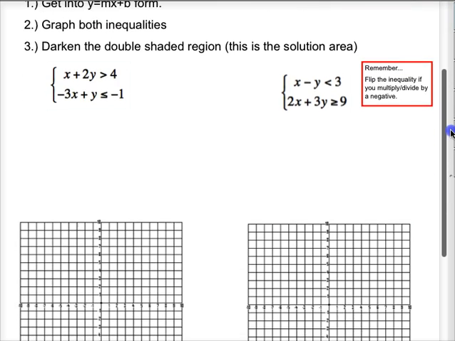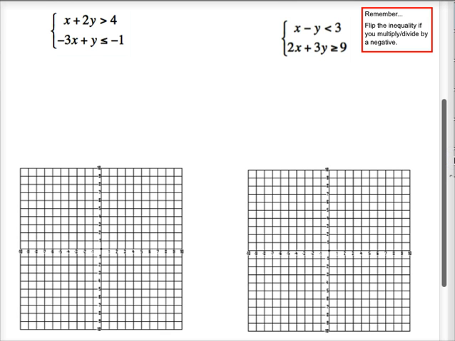So, to get it in slope-intercept form, again, if I'm focusing on the x plus 2y is greater than 4 first, I need to subtract the x over and divide by 2.